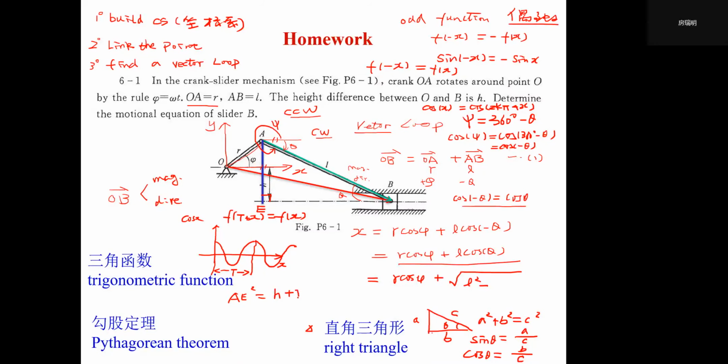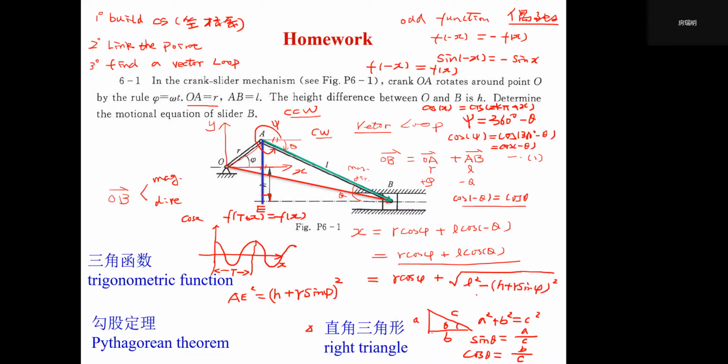So we can write L squared minus AE squared, which is H plus R sine phi, squared.